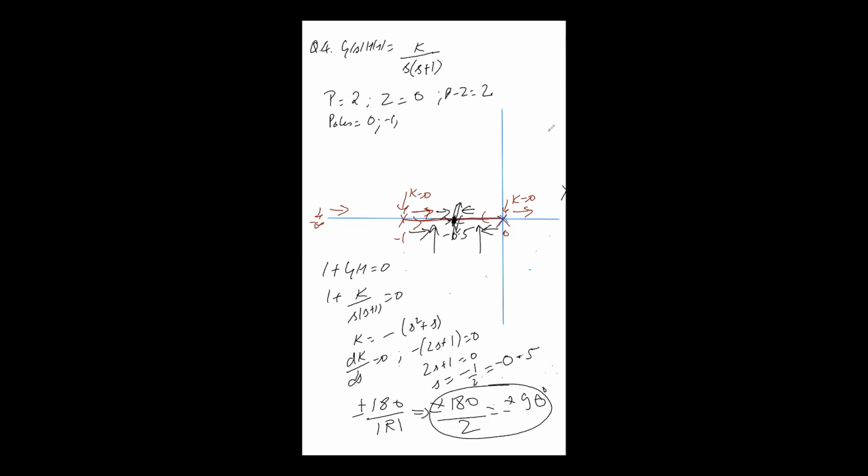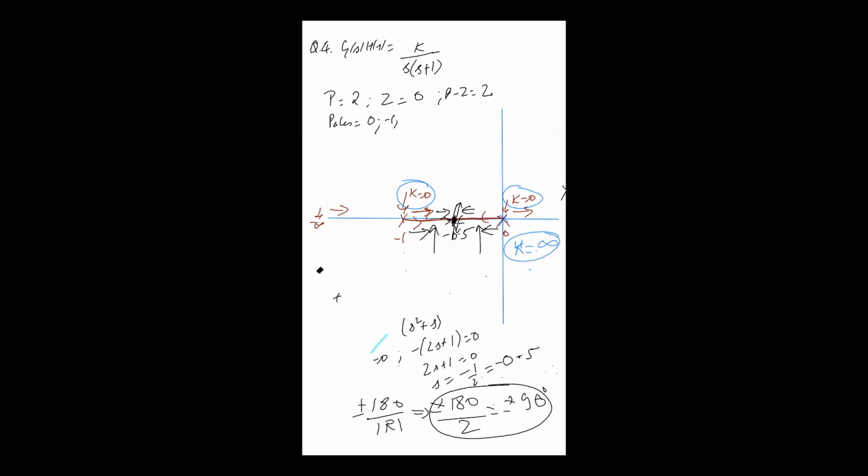This branch can go like this, can go like anywhere. Now you want to calculate how this branch will terminate, because it has started from K equal to 0, so it has to terminate at K equal to infinite. Now you want to know where this branch will terminate, which we will do by calculating asymptotes.